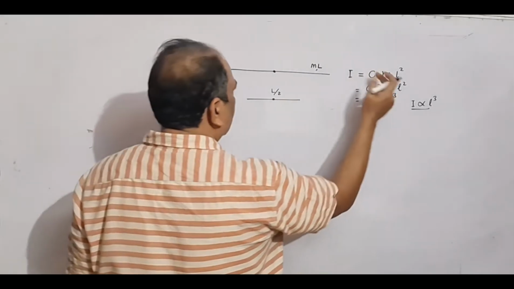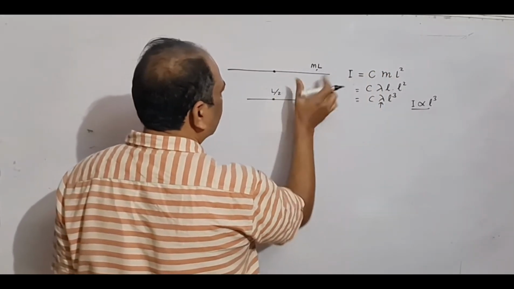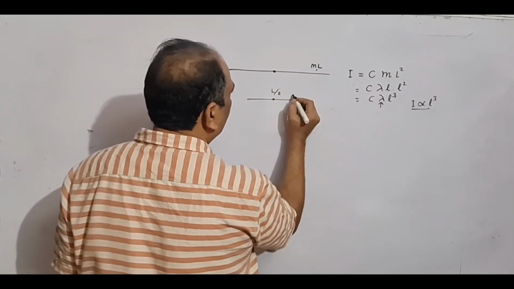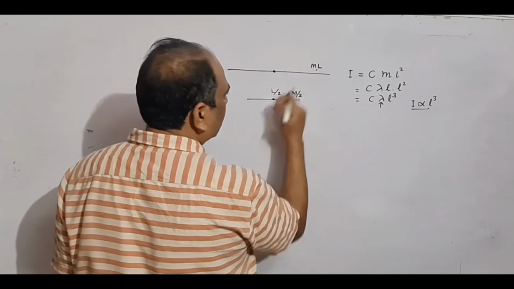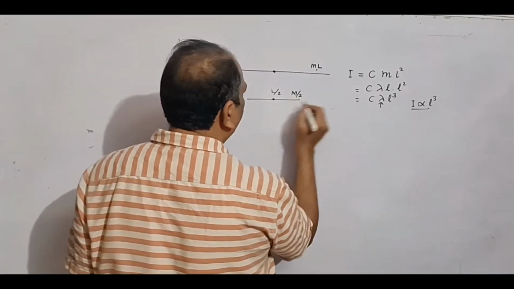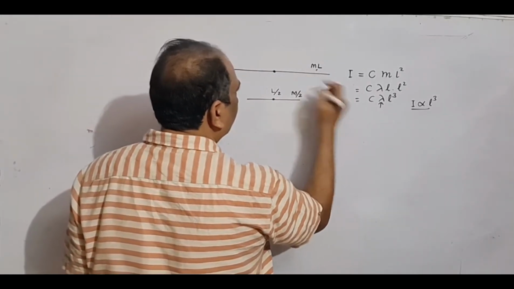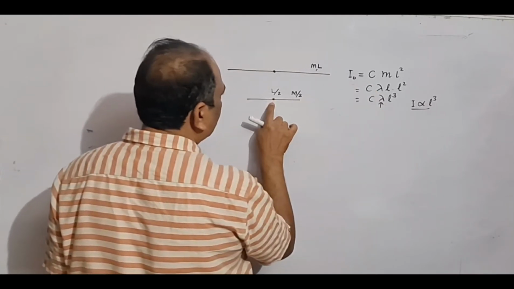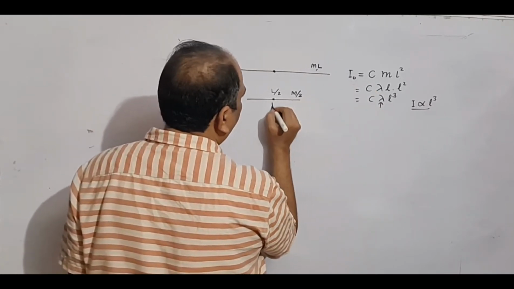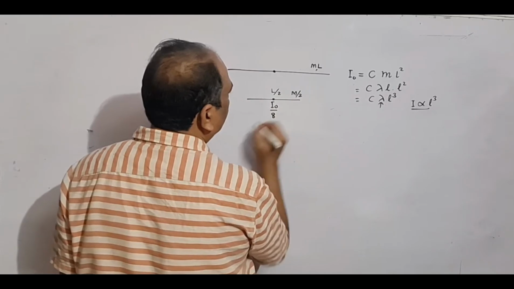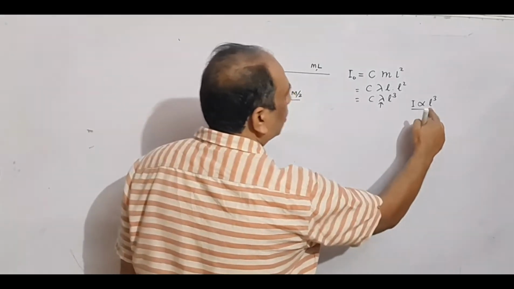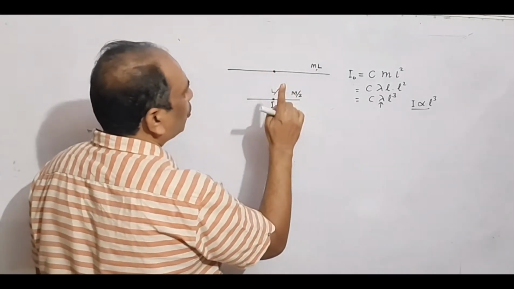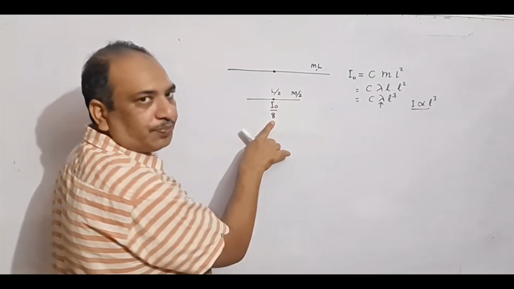Therefore, using the same formula for this rod, since its length is halved, mass is also halved because lambda is the same. If the moment of inertia of the original rod was I0, then for this rod it will be I0 by 8, since L by 2 whole cube, 2 cube, makes 8.